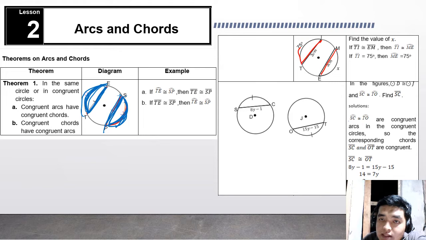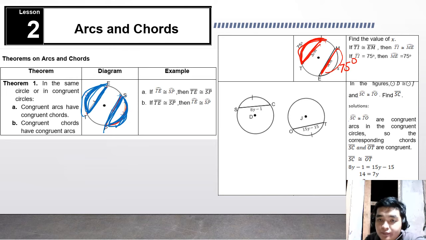Since this is 75 and these chords are both 3, it follows that this is also 75 degrees. By the way, the unit of arcs should be in degrees. It follows that this is 3, this is 3. So therefore, if this is 75, this is also 75.